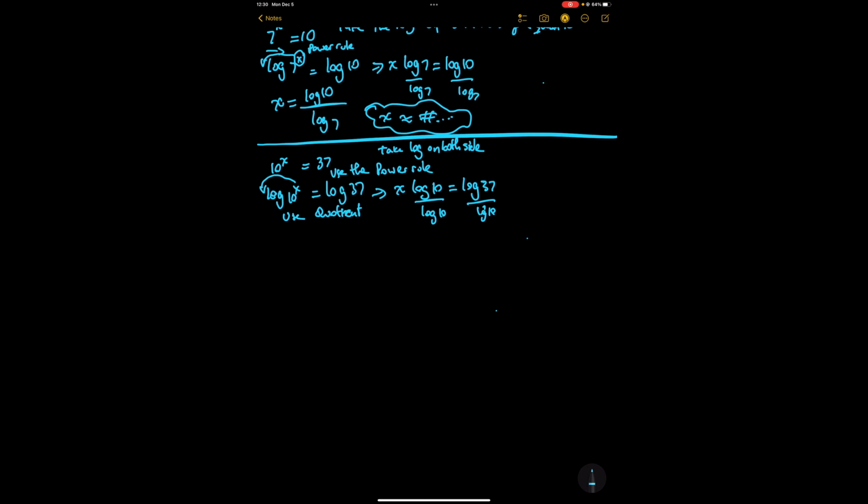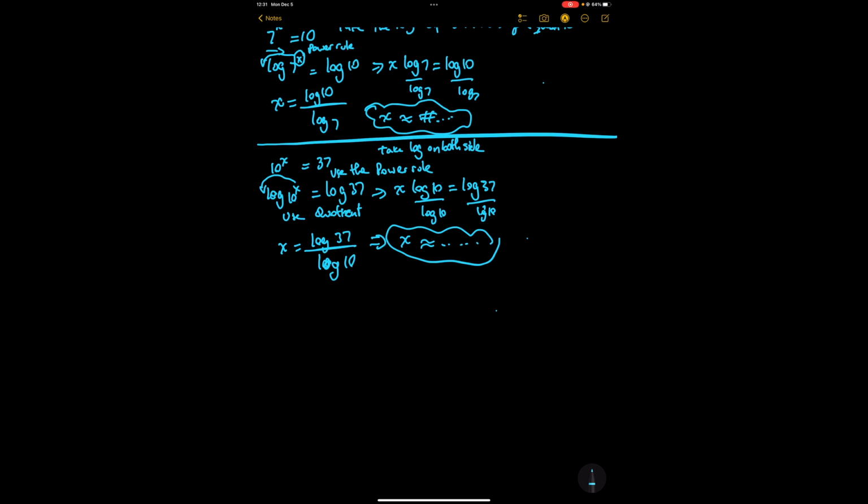So I get x equal to log 37 over log 10. Whatever you get here is the answer. That's how it works.